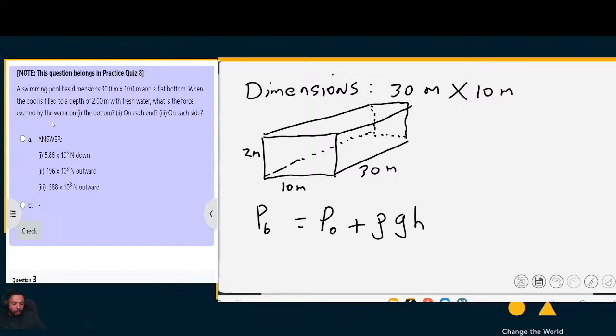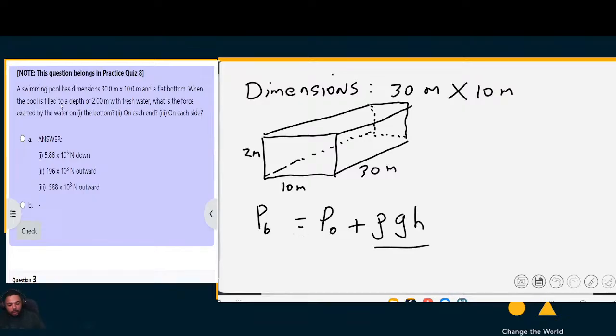Now the pressure at the bottom of the pool is uniform because the bottom is flat. That's why they told us that the bottom is flat. So the pressure at the bottom of the pool, without the atmospheric pressure added, is the gauge pressure.